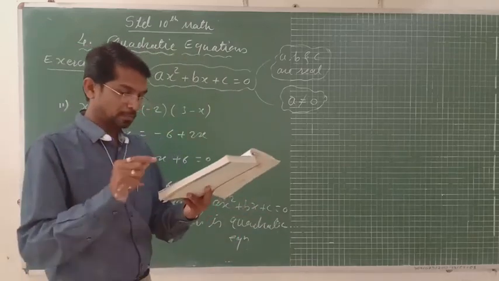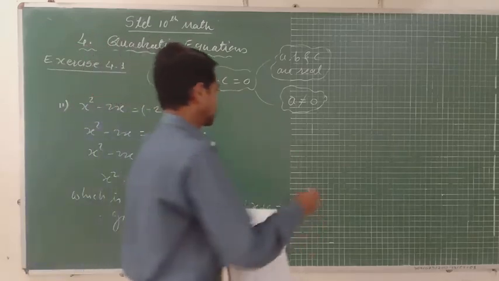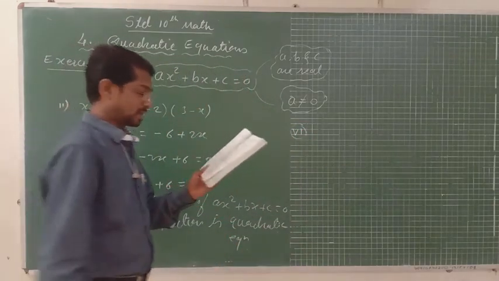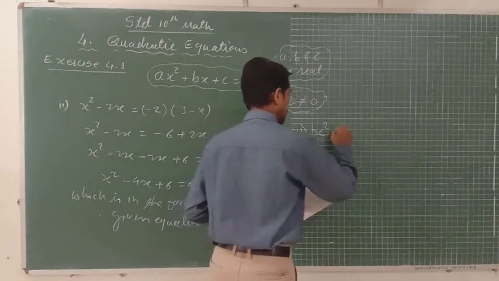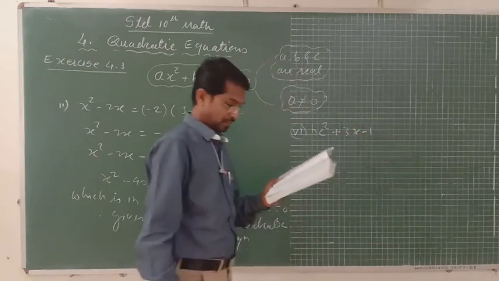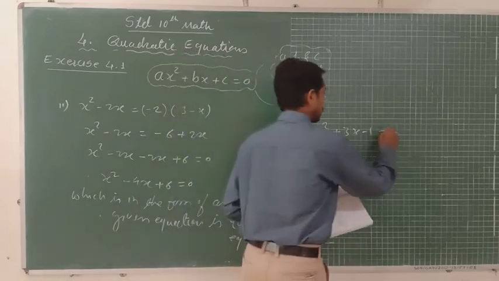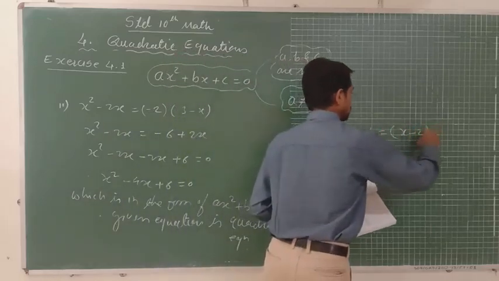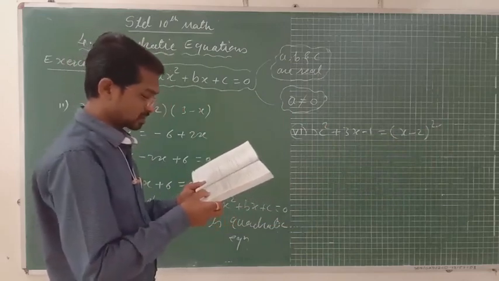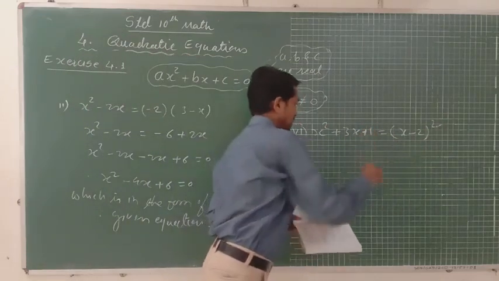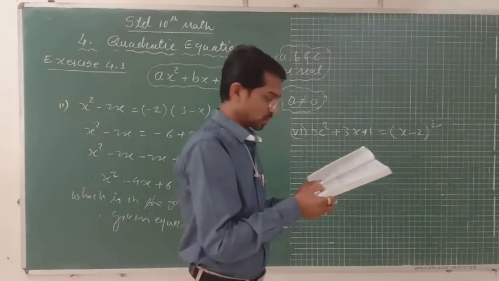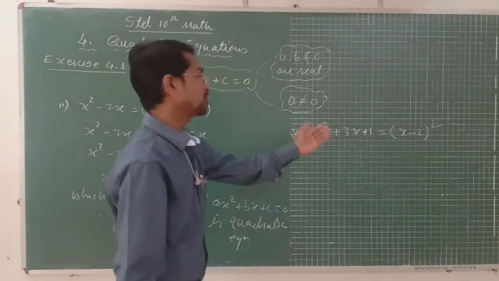So I take number 6. That is x square plus 3x minus 1 is equal to x minus 2 whole square. Then x square plus 3x plus 1 is equal to x minus 2 whole square. Now again you have to solve this one.